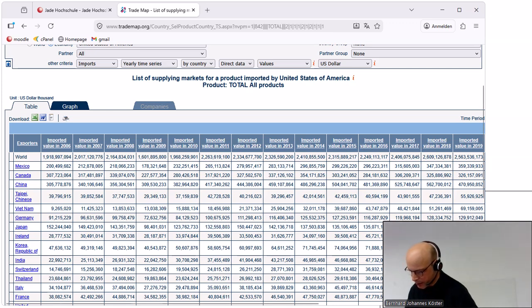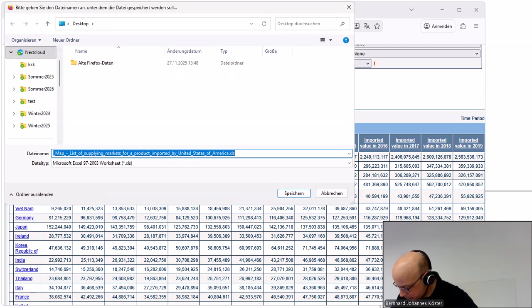But we should have a look at the actual data of the trade relations of the United States with the 20 largest trading partners. So here, clicking on this Excel symbol, we can download it.